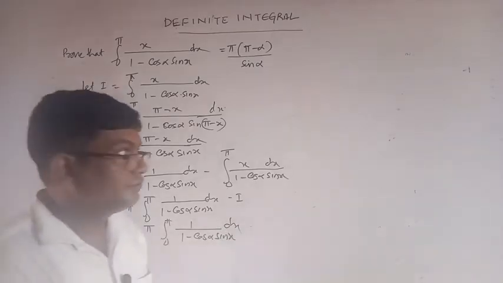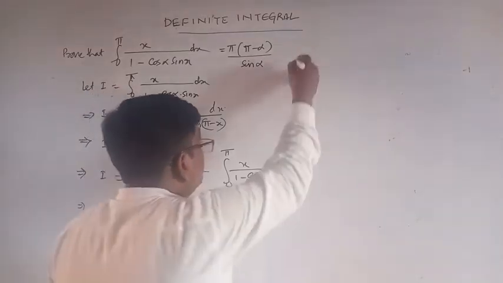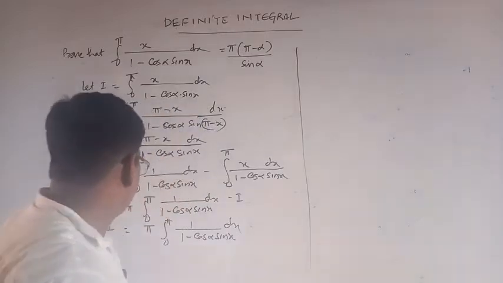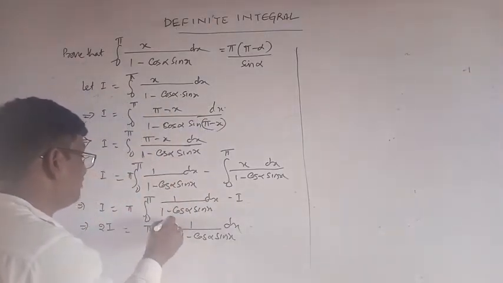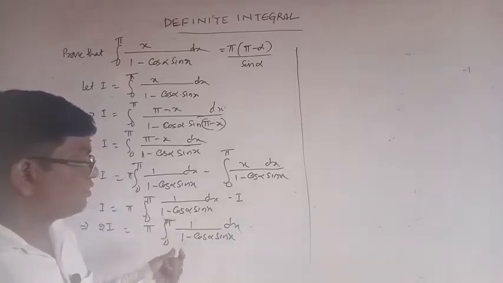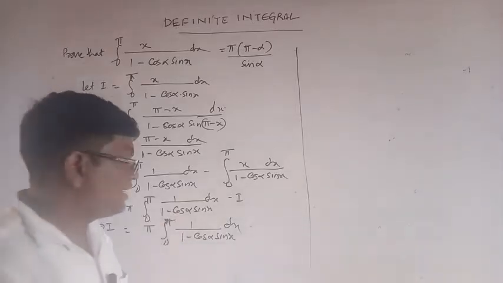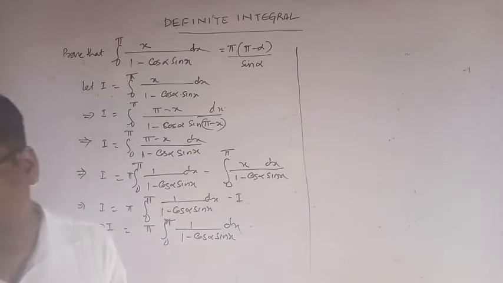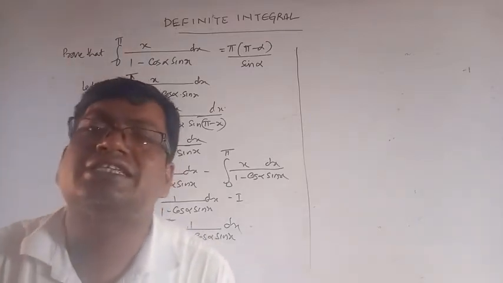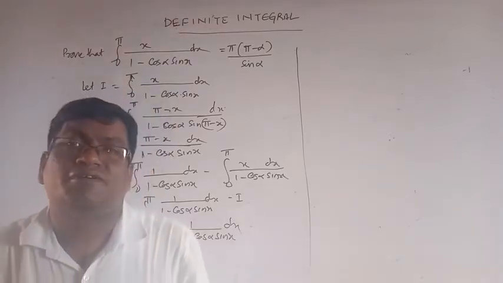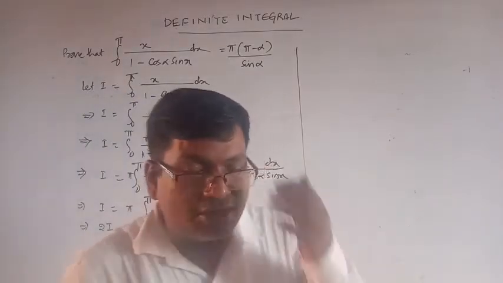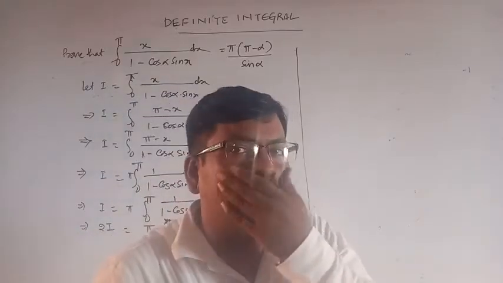Okay. Now we have to integrate this. This is in the form of 1 by (a plus b sin x). So we have to use the tan x by 2 formula. What is the formula for sin x in terms of tan x by 2?